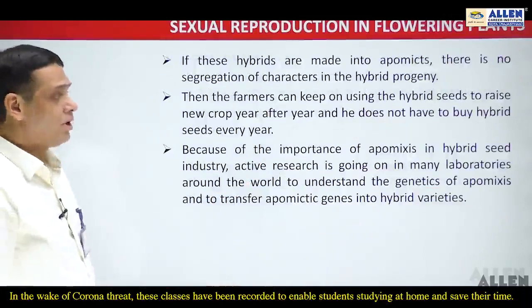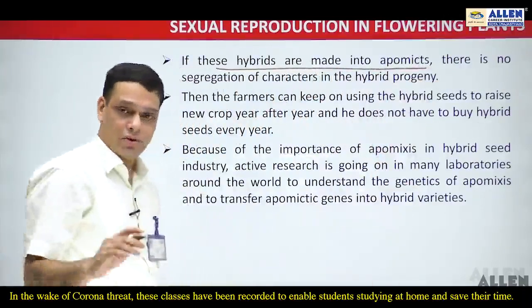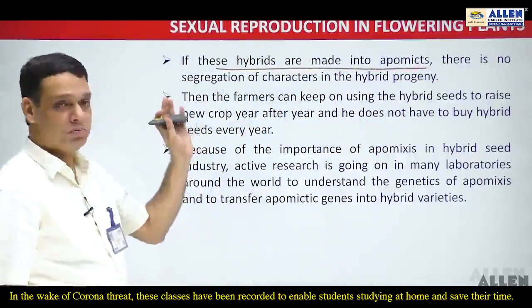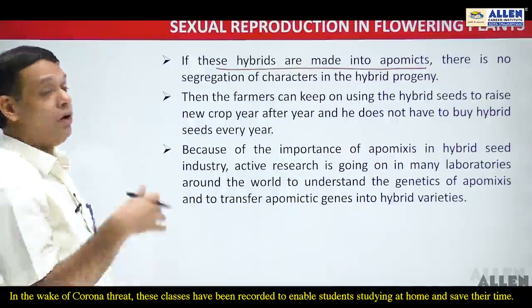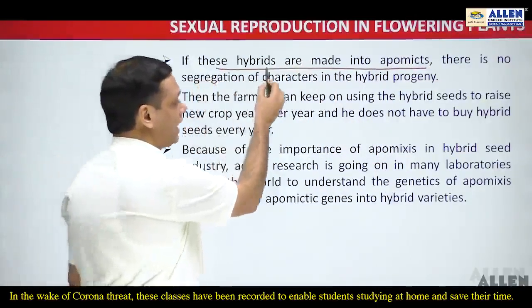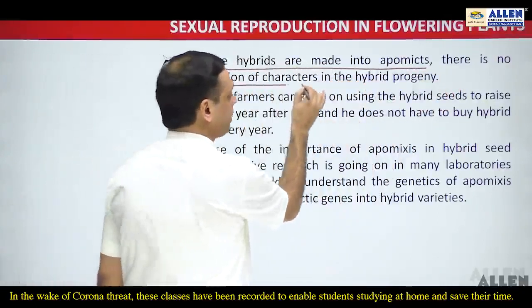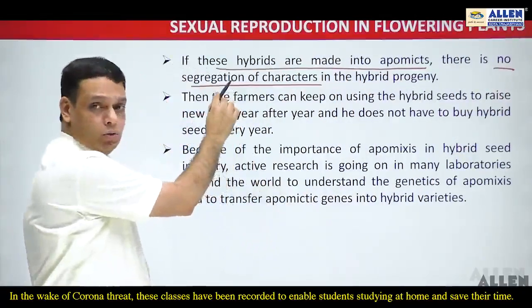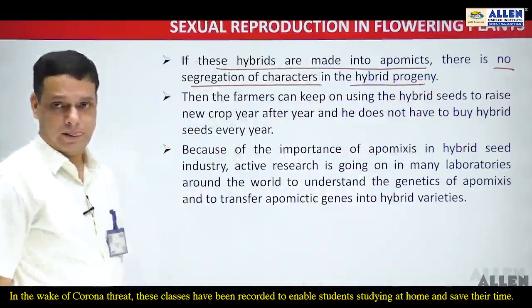But if these hybrids are made apomictic, meaning if we use apomixis in the production of hybrids, then it is useful. How is it useful? If these hybrids are made apomictic, there is no segregation of characters in the hybrid progeny.